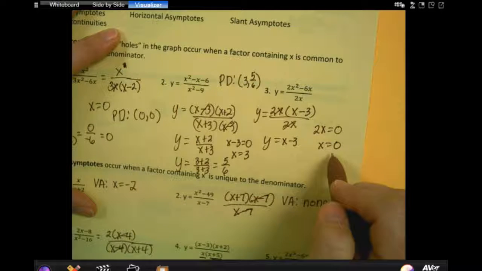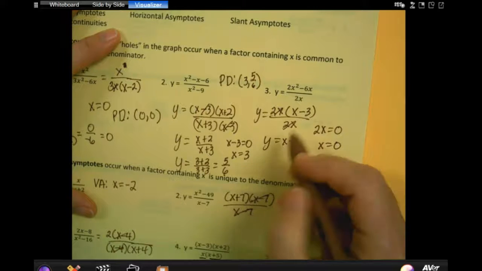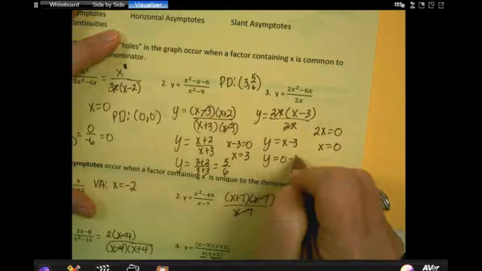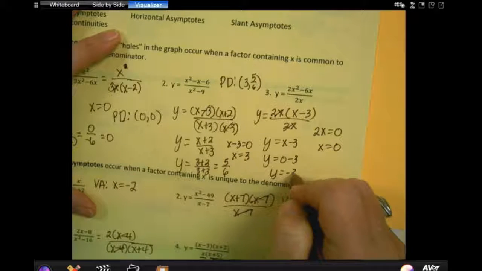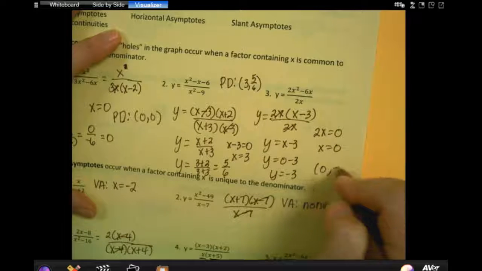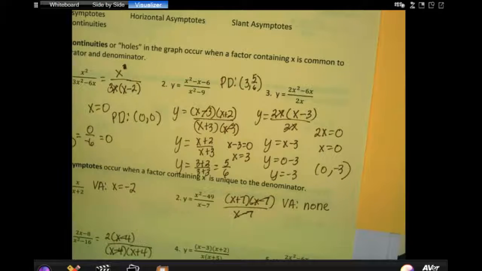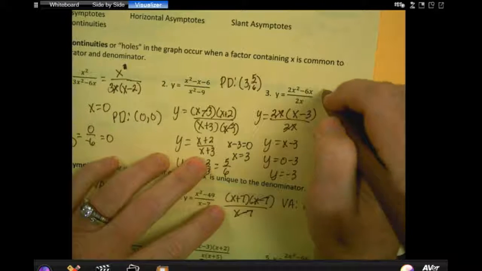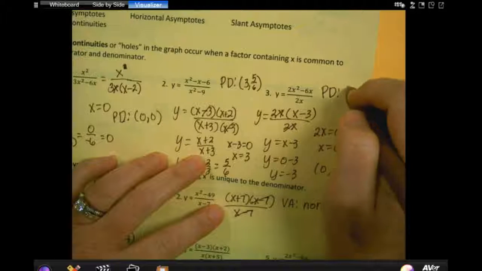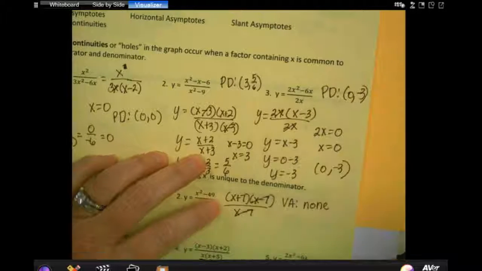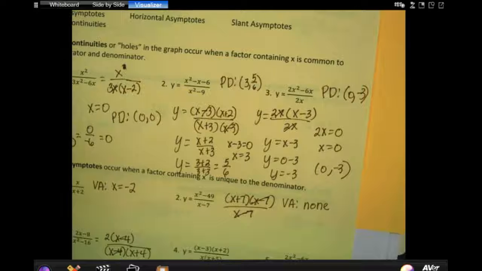And if I take that x and I plug it back in, I get 0 and negative 3. That's the point discontinuity. So we found the point discontinuity.